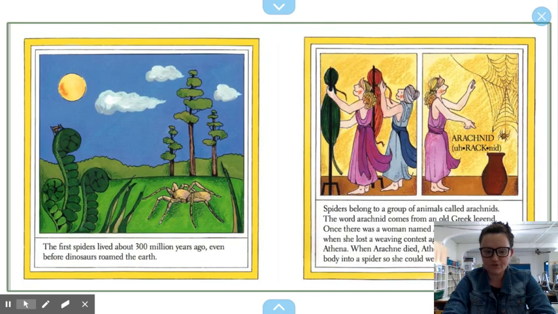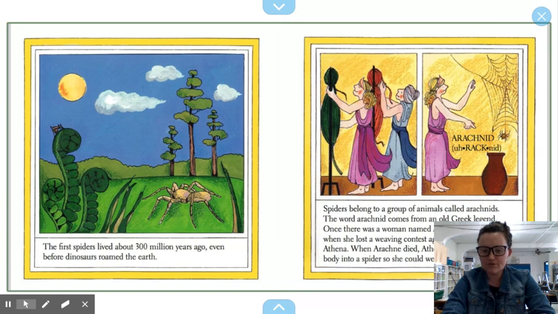The first spiders lived about 300 million years ago, even before dinosaurs roamed the earth. Spiders belong to a group of animals called arachnids. Even right here in the picture, it's helping you pronounce it. Arachnid. The word arachnid comes from an old Greek legend.